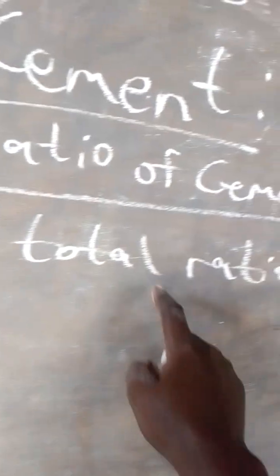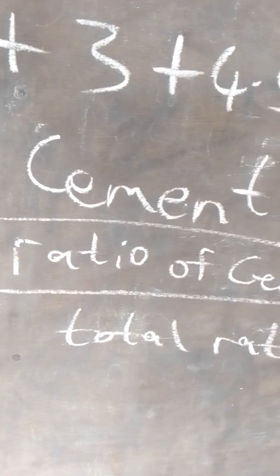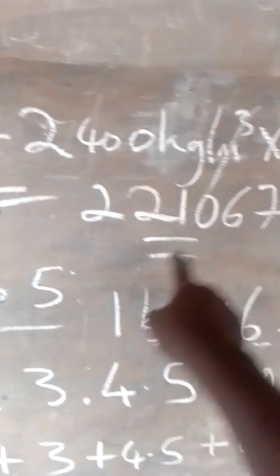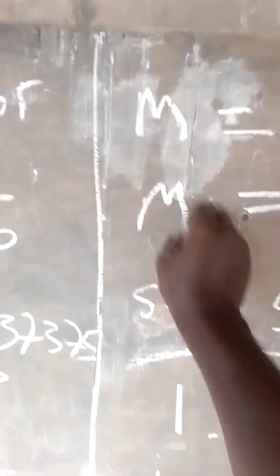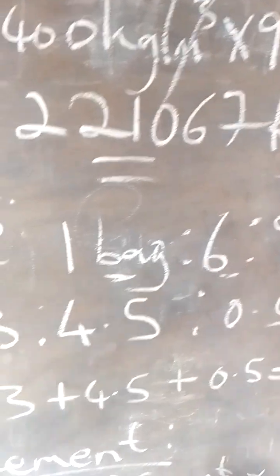The ratio of cement is 1. Total ratio is 9. The mass of concrete is what? 2,21067. We already know that. Very simple.